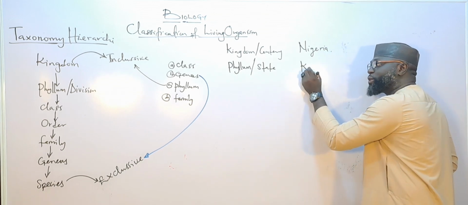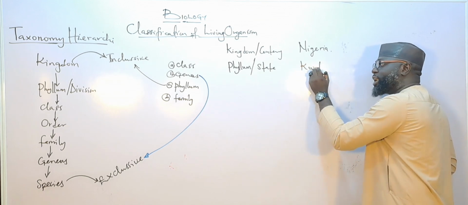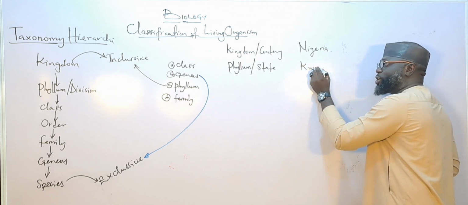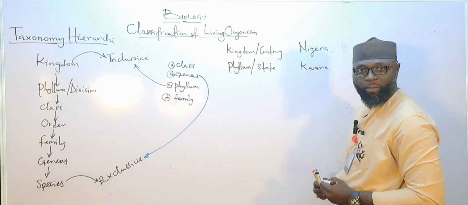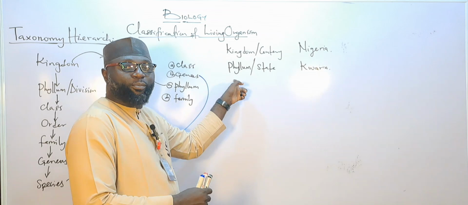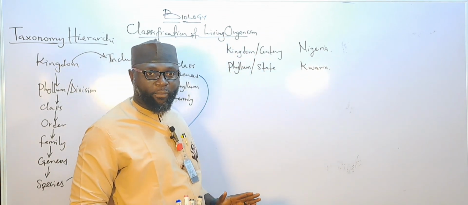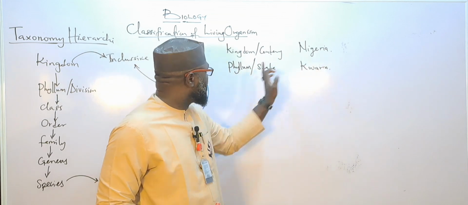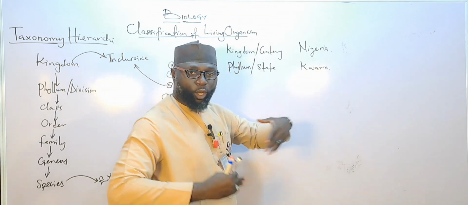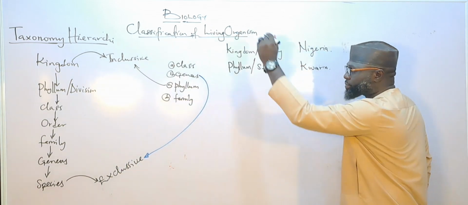I came from a beautiful state in Nigeria, state of harmony, home of peace, called Kwara. So my state is Kwara. That's my phylum. My kingdom is Nigeria, and my phylum is Kwara.